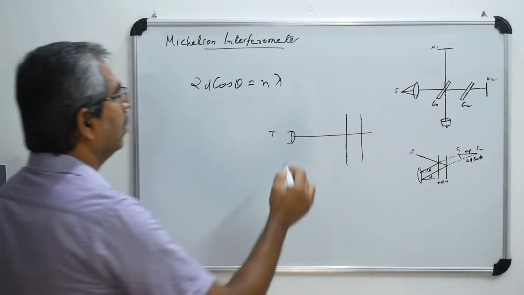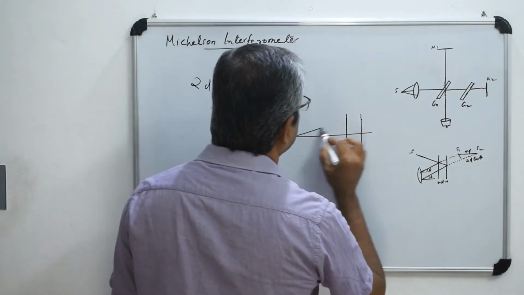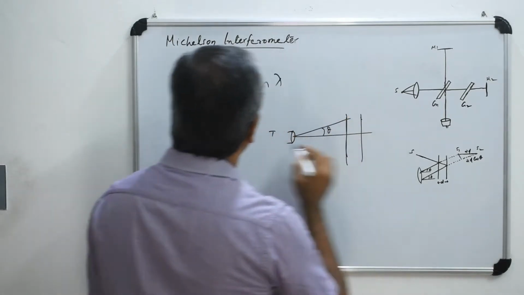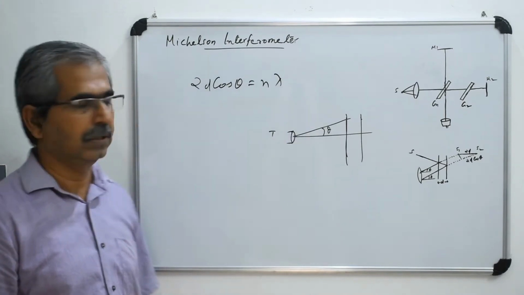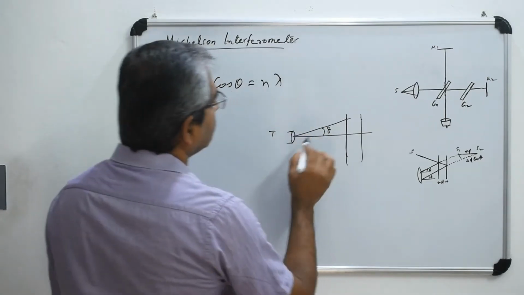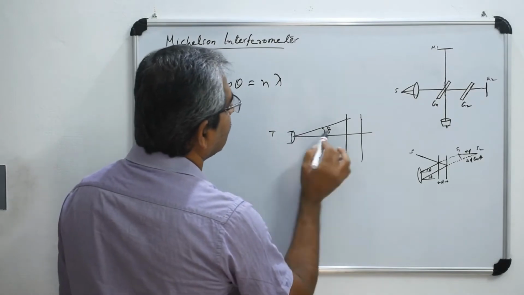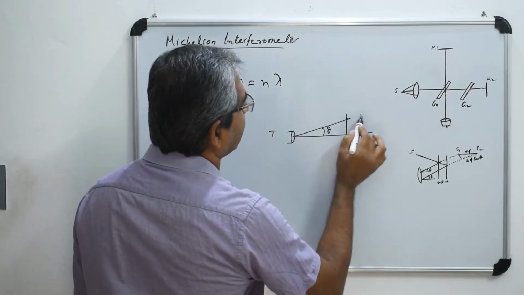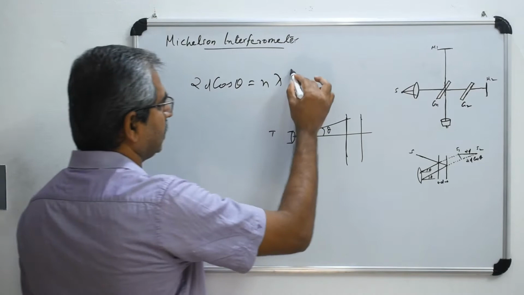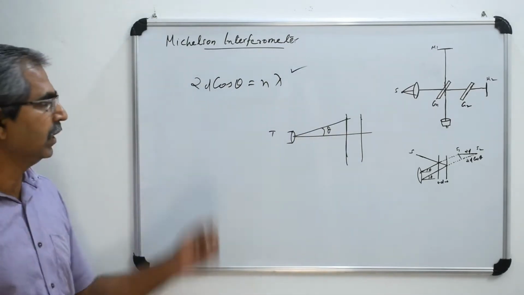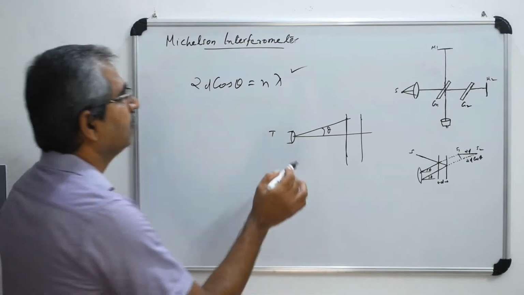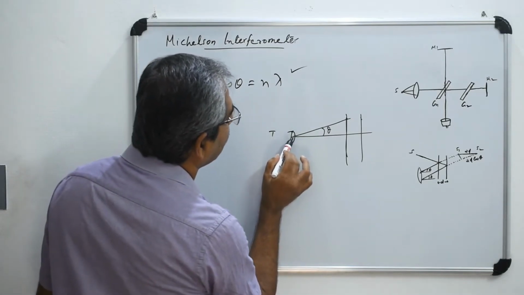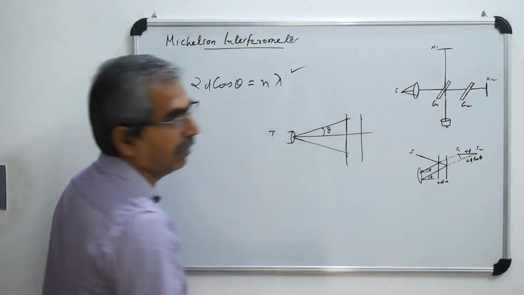Now suppose you are looking at a certain angle theta, then this is the equation 2d cos theta equal to n lambda. Suppose at this particular direction the condition for destructive interference is satisfied. Now suppose you are looking downward but at the same angle theta.